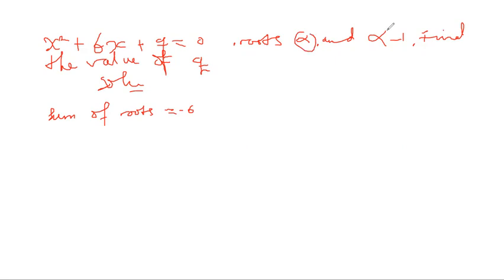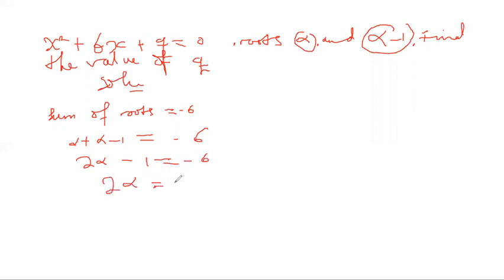So we say the sum of roots is alpha plus alpha minus 1, and this is going to be equal to negative 6. So alpha plus alpha is 2 alpha, minus 1 is equal to negative 6. And then 2 alpha is equal to negative 6 plus 1.